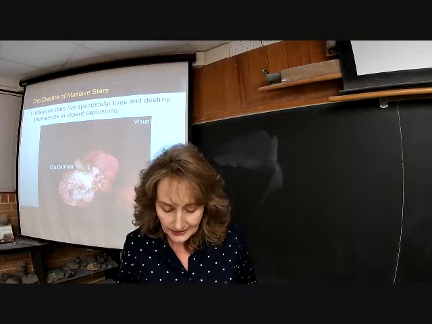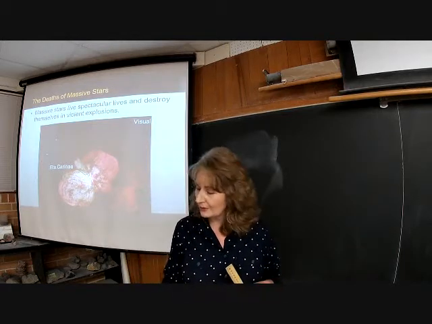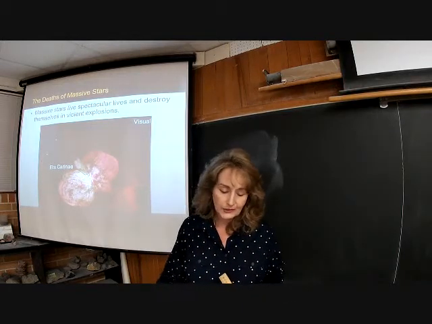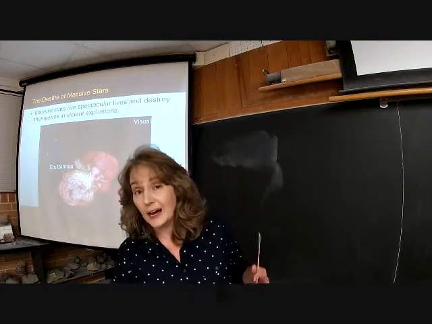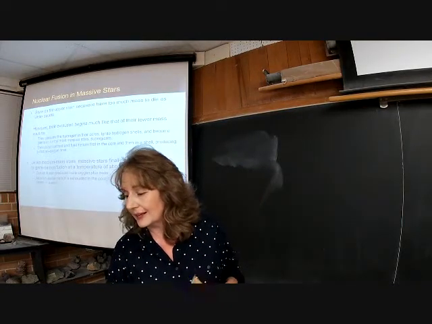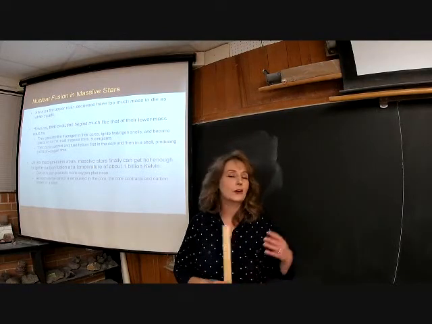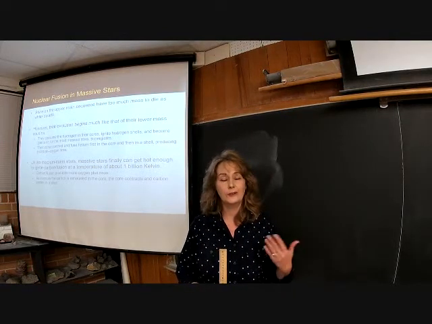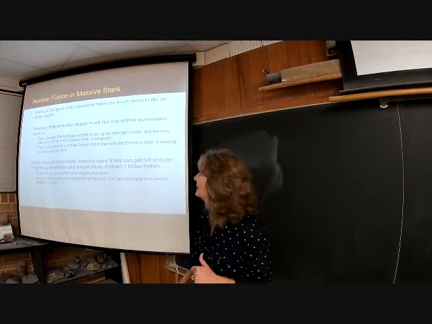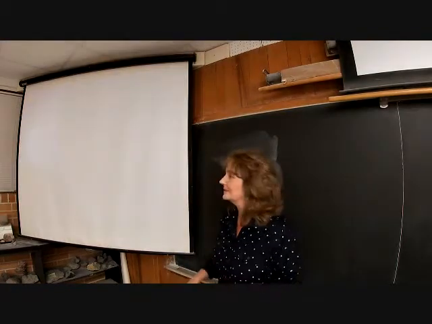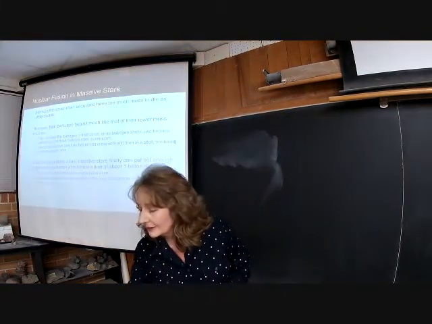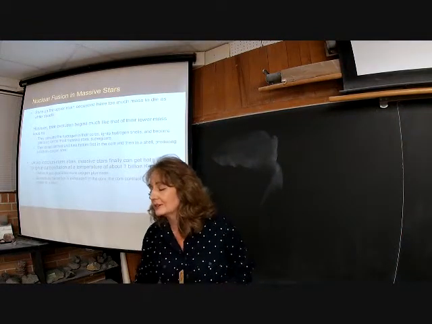Once the gas in the core of the massive star is fusing its nuclear fuel to iron, iron's like the dead end. Stars cannot get hot enough to fuse iron, so iron's kind of their last element. But let's take a look at our massive stars.